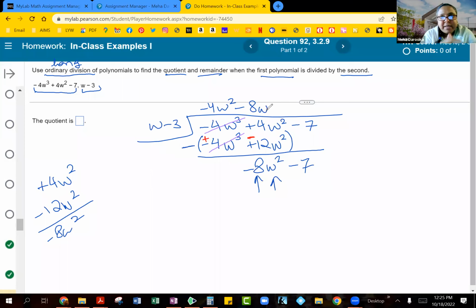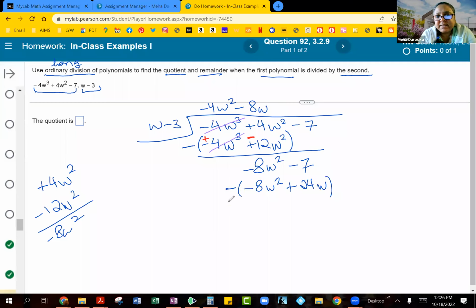So we'll go ahead and put that in. And then again, multiply. So that will now be w times negative 8w, which again will be negative 8w squared. Negative 3 multiplied into negative 8w, so negative times negative, again positive. 8 times 3 is 24, and that'll become 24w.